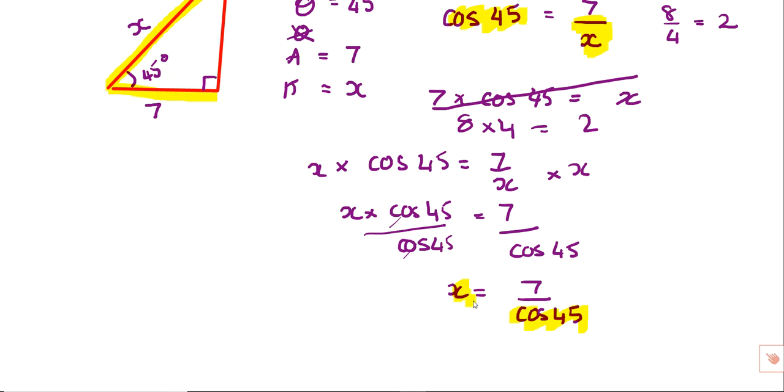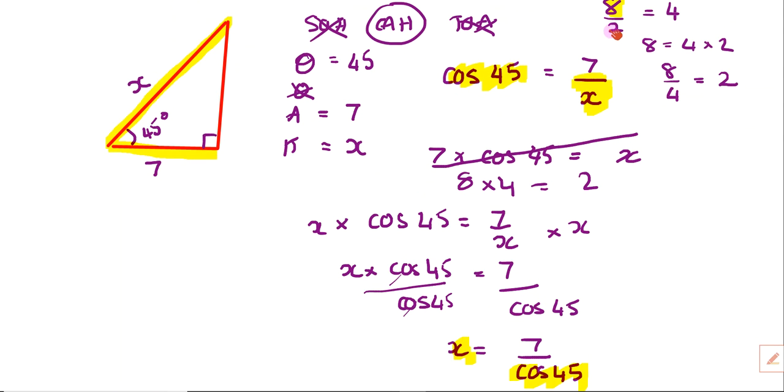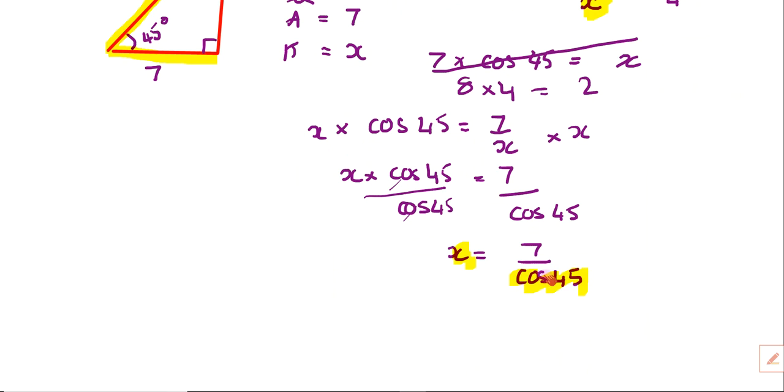In the same way that 8 divided by 2 is 4, 8 divided by 4 is 2. The 2 and the 4 look like they switch positions. I didn't switch it, I just did 7 divided by cos 45. No, that's correct. But what I'm saying is, it looks like they just swapped. They haven't just swapped, but it looks like it.